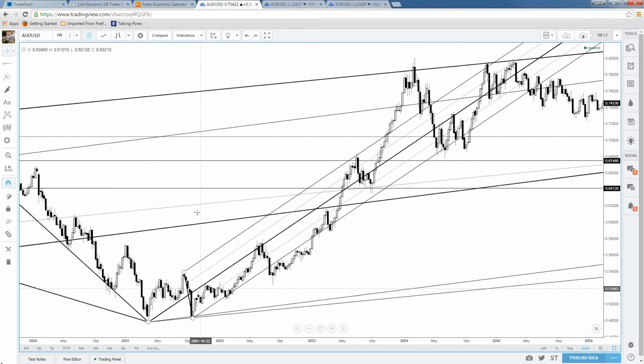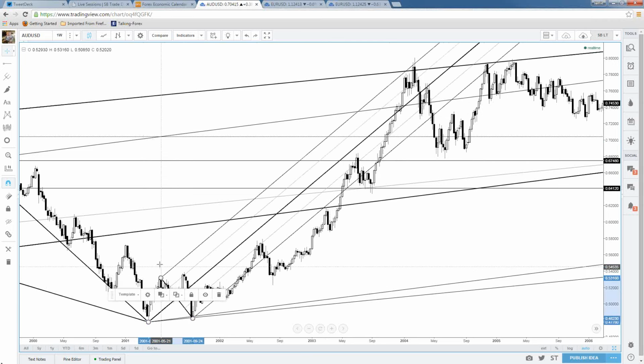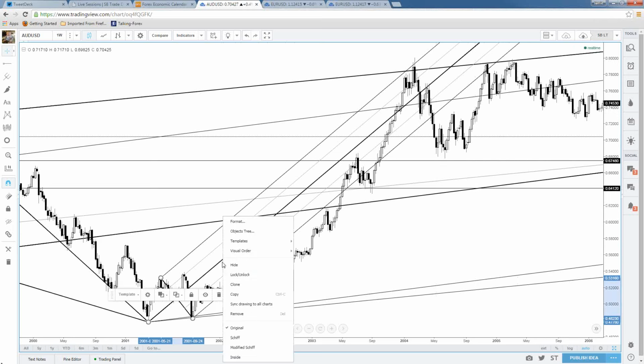But the original slopes, the original pivots, are the most important ones to use. That is what defines the slope for the rest of the move, okay? So even if you start trading above or below the parallels, the lower parallel and upper parallel, don't forget about it. Don't dismiss it. Just draw more parallels, okay? Just copy the parallel and draw it.